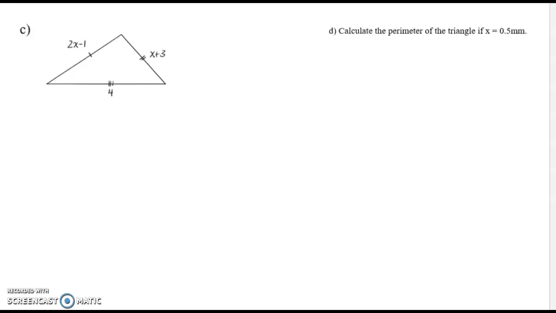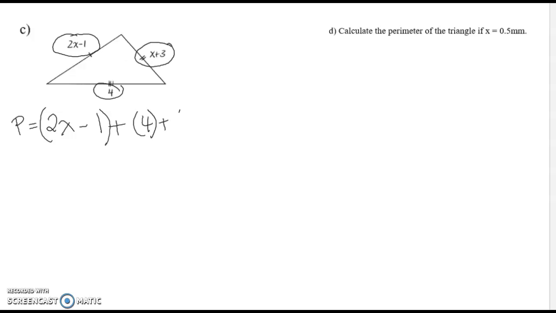So here we have to calculate the perimeter. The perimeter of a triangle is adding up all 3 sides. So we'll do this one first. 2x minus 1, plus, let's do the second side, 4, plus the third side, x plus 3.